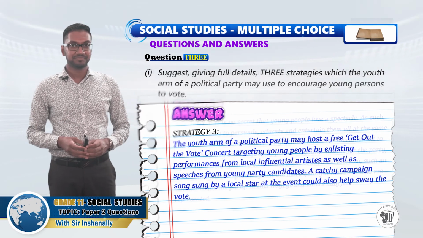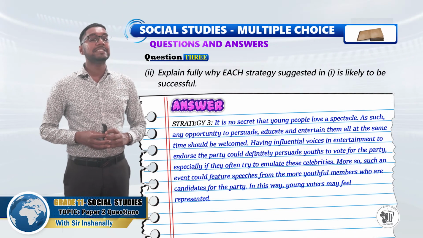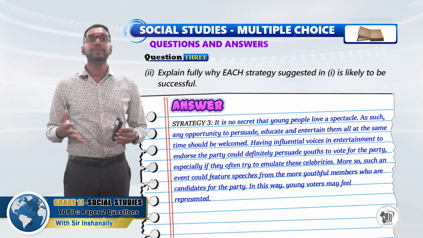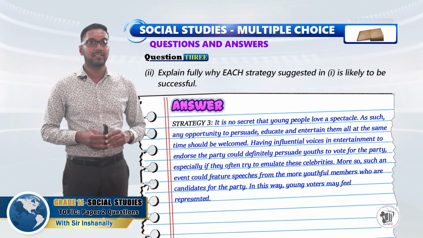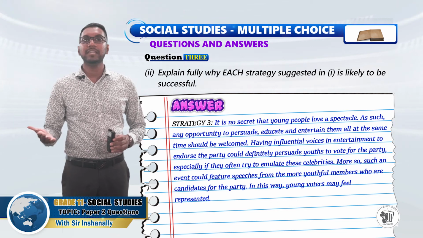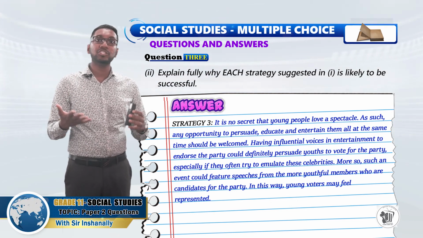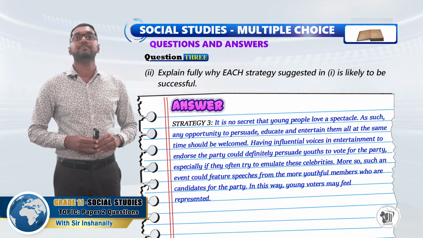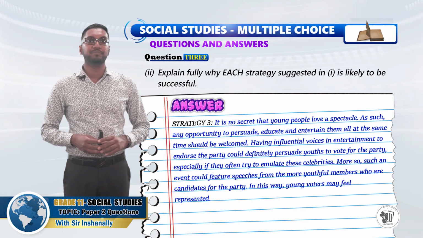Here we go. It is no secret that young people love a spectacle. As such, any opportunity to persuade, educate, and entertain them all at the same time should be welcomed.